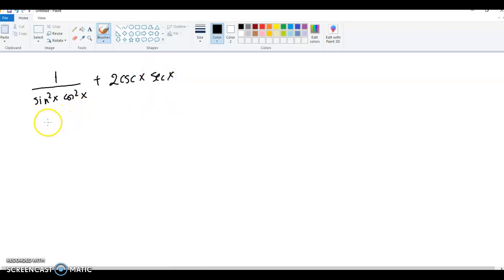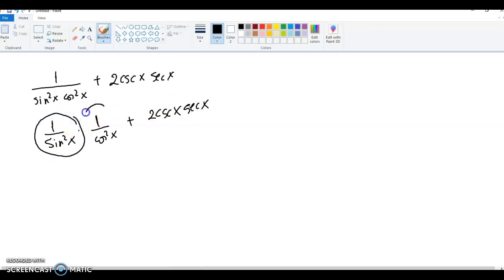Now we can clearly see that I can rewrite this term as 1 over sine squared of x times 1 over cosine squared of x. Copy the second term. The reason why I rewrote this term as the product of these two terms is because 1 over sine squared of x is actually cosecant squared of x, and 1 over cosine squared of x is actually secant squared of x, which is exactly what we're supposed to get.